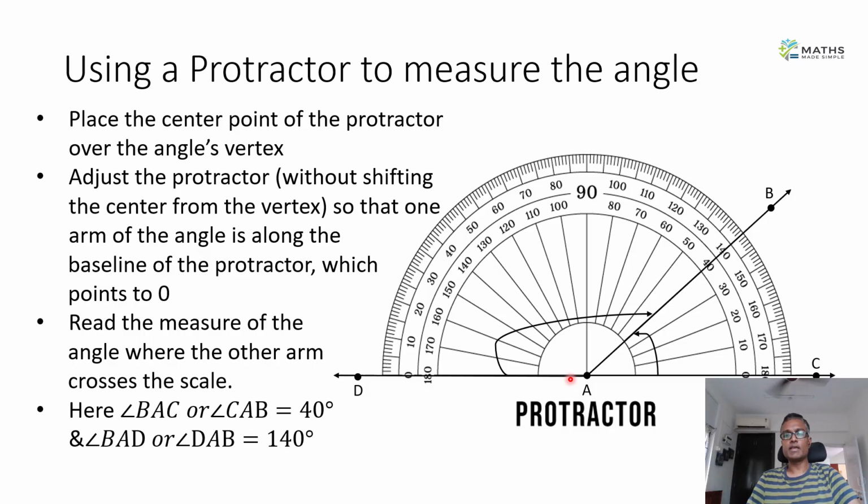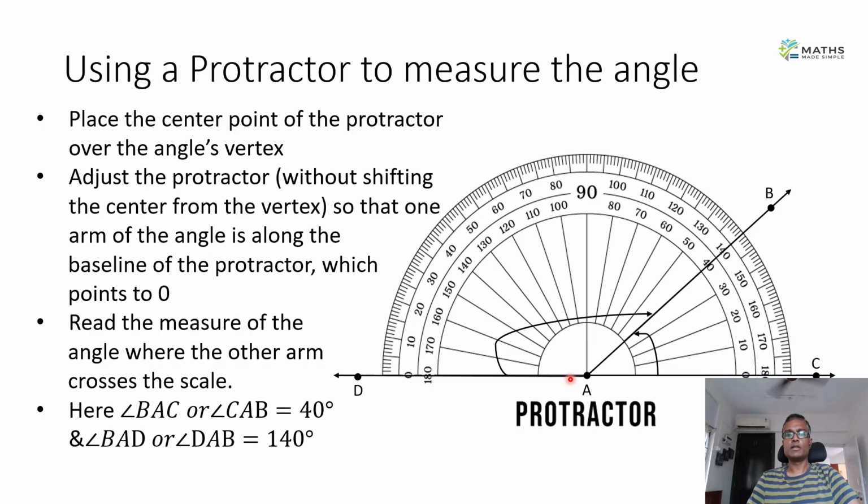Now, the question that may come is that a protractor has two markings, one on the inside and one on the outside, right? So, which scale do I use?